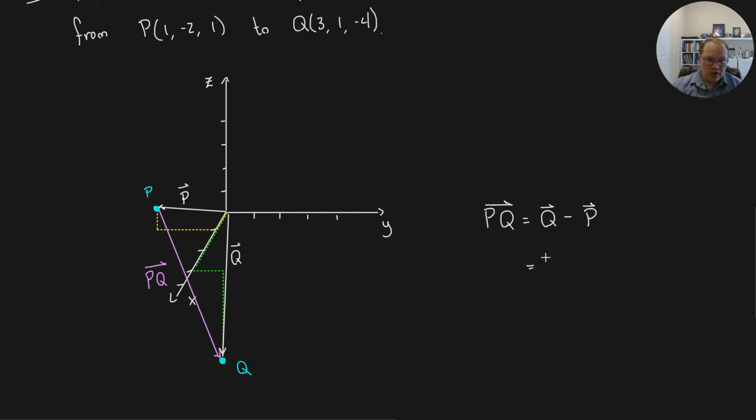So vector Q, 3, 1, negative 4. That would be the vector that gets me from the origin to Q. Subtract vector P, same components as point P. 1, negative 2, 1. That's the vector that takes me from the origin to P.